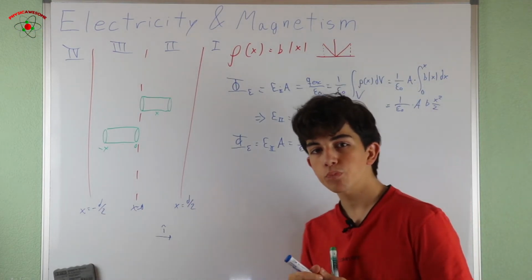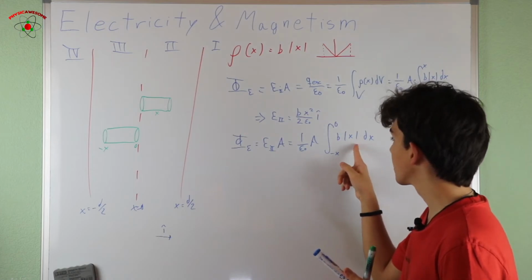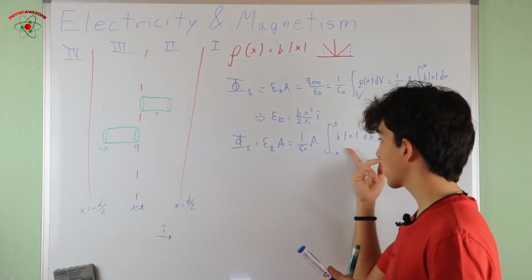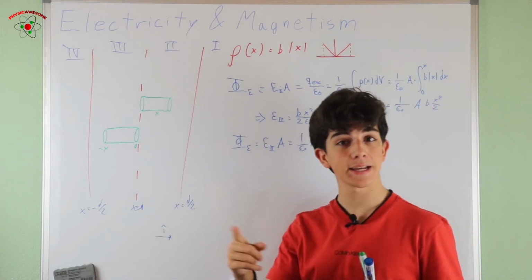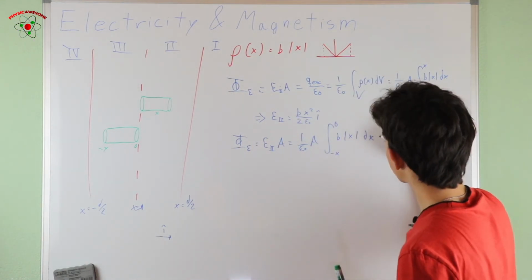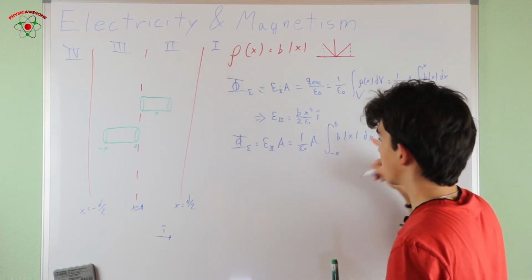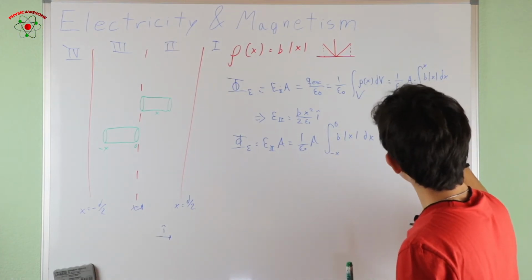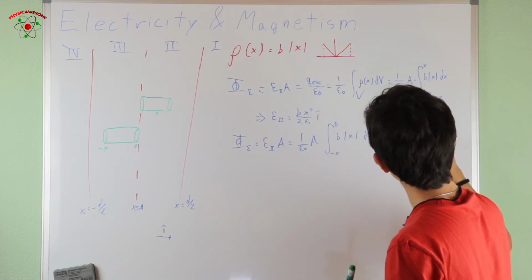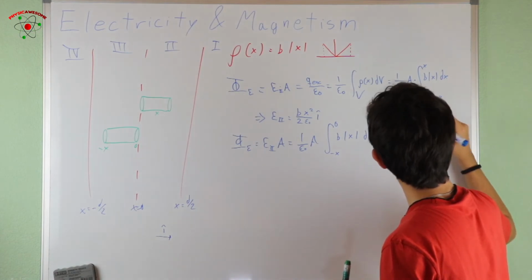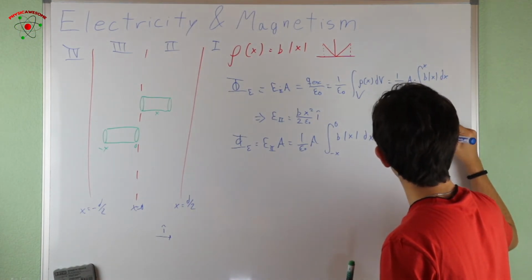Now, what we see here is that all the values are negative, and therefore this absolute value is going to add a negative sign to it. So it's going to be equal to A b, let's take it out of the integral for simplicity, and the integral from minus x to 0 of minus x dx.